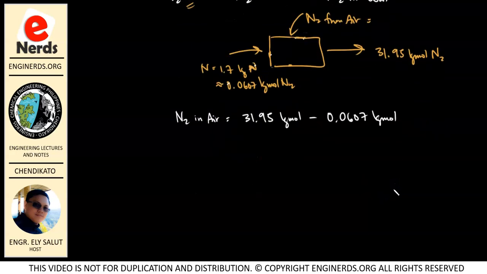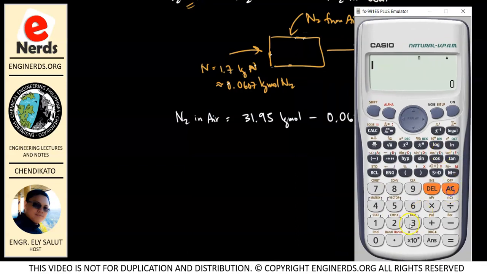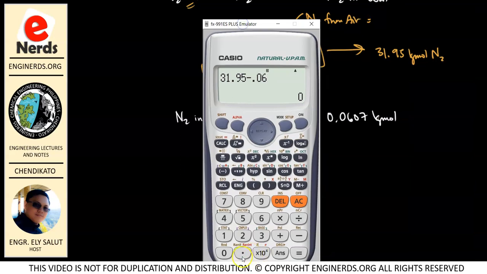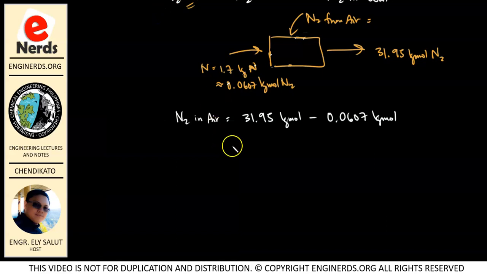Okay, so that means it is 31.95 minus 0.0607. So we have 31.8893 kilogram mole of N2 in air.